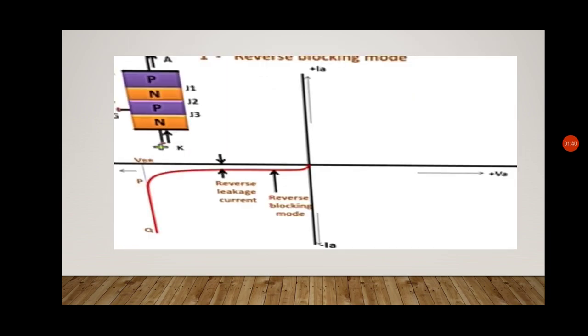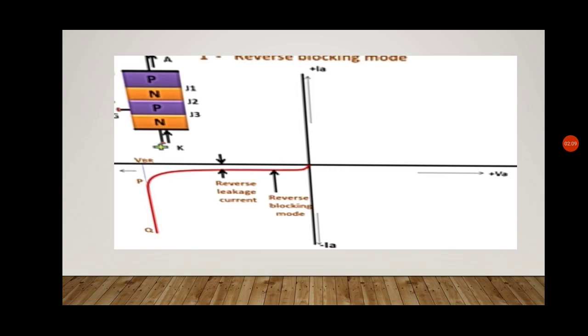Now, the static characteristics of an SCR. Here you can see the SCR has mainly 3 regions of working, or 3 modes in which an SCR works. The first is the reverse blocking mode.